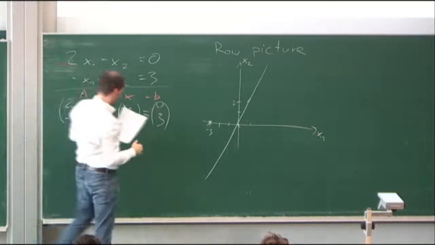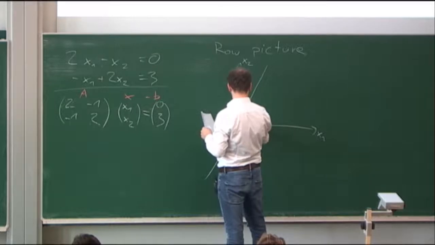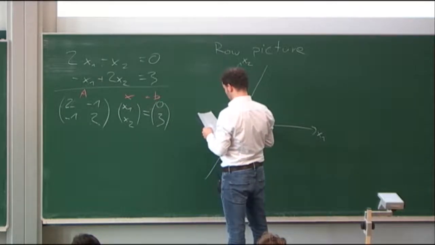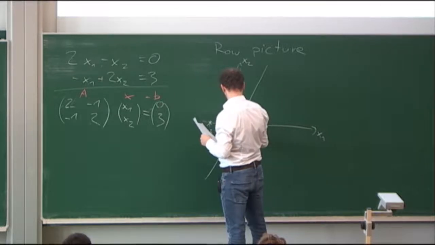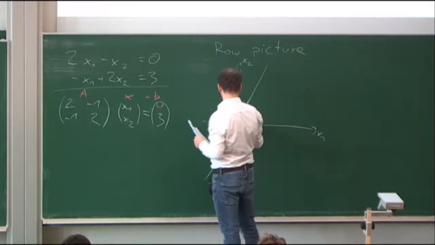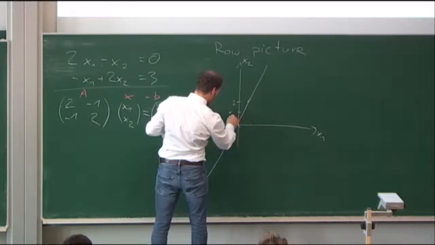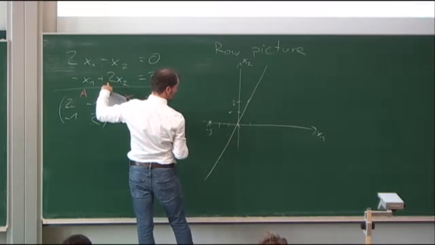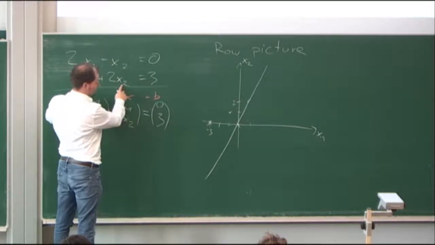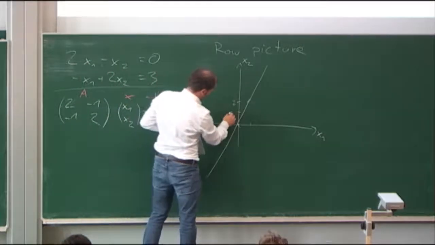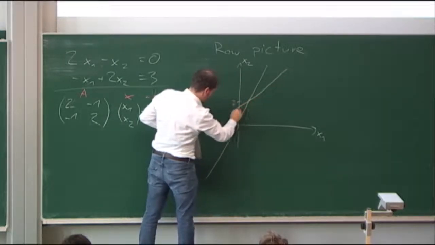So if x1 is -1, then x2 should be 1. Okay, and so all points that fulfill the second equation will lie on a line through these 2 points, which is this line.